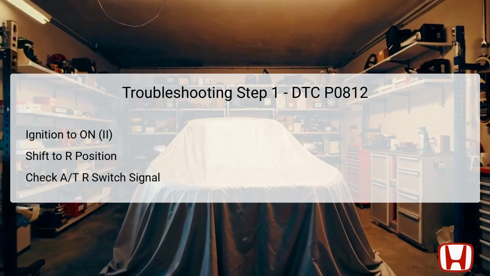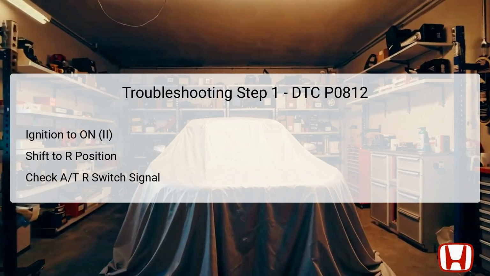The first troubleshooting step for DTC P0812 begins with turning the ignition switch to the on position, labeled as II. This allows power to be transmitted throughout the electrical systems, enabling diagnostic checks. Subsequently, the shift lever must be moved to the reverse position, R. Utilizing the Honda Diagnostic System, HDS, the technician must verify the ATR switch signal reflected in the AT data list.